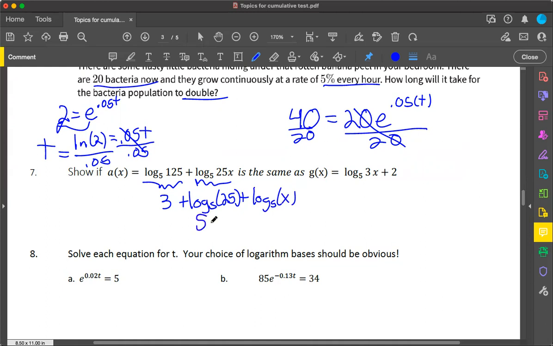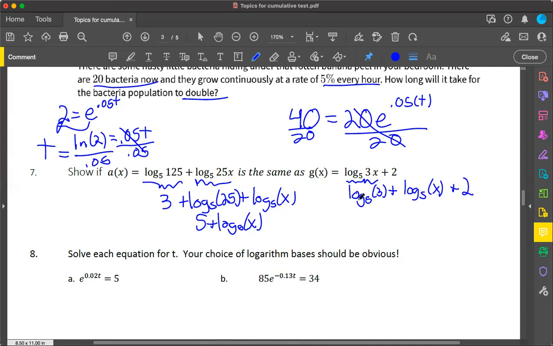So you're really saying that 5 plus log 5 of x might be equal to this. But if you do a little bit of digging and rewrite this using the product rule, you're going to claim that log 5 of 3 plus log 5 of x plus 2 is equal to this.